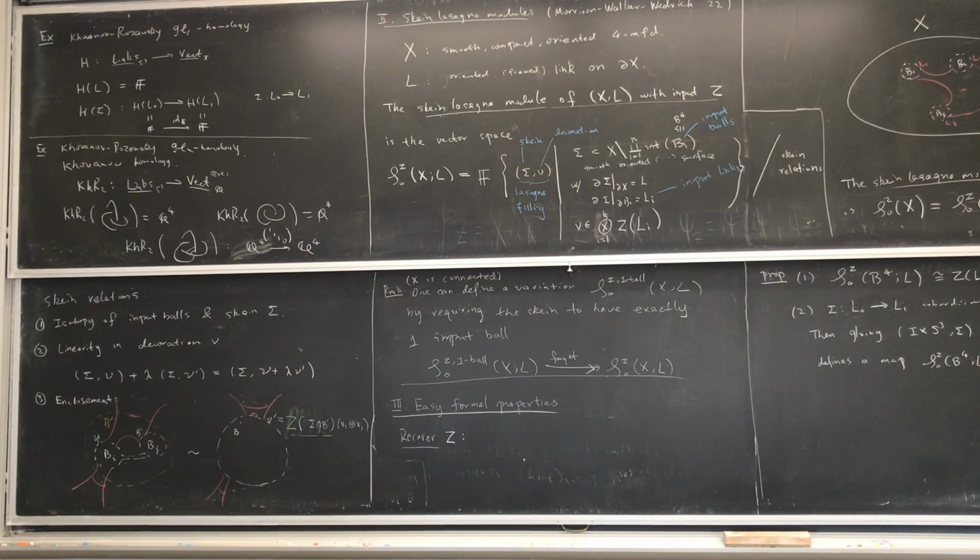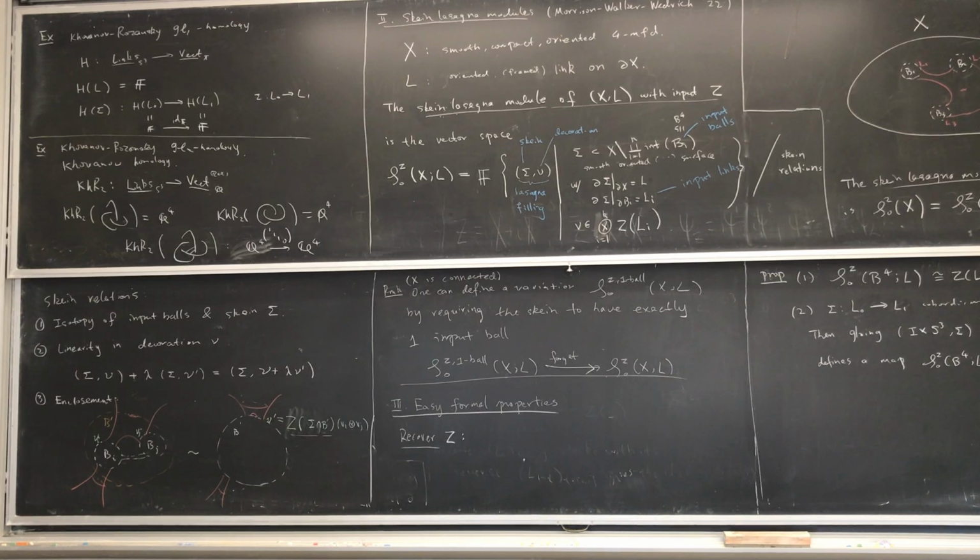Then, given any lasagna filling of the smaller ball B4, just attaching this collar neighborhood onto it gives you a lasagna filling of the larger ball, with L1.